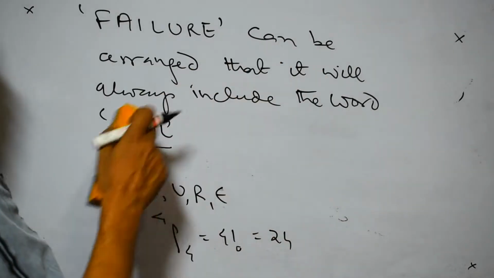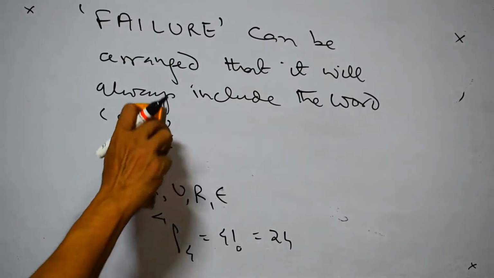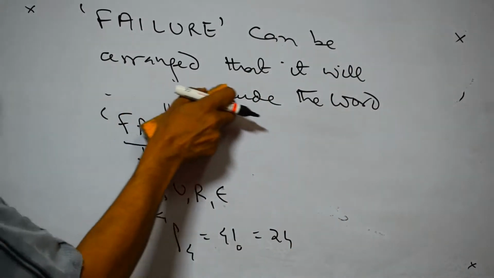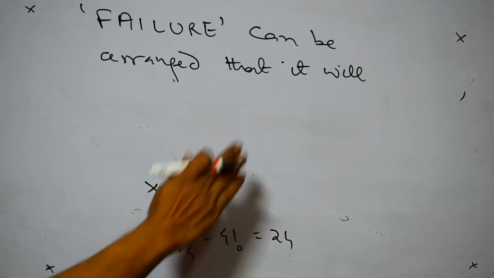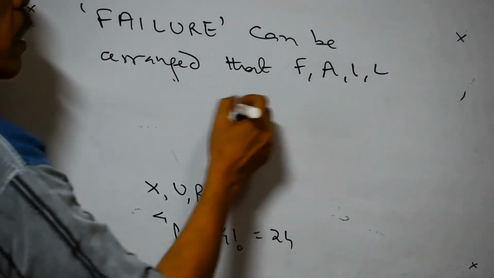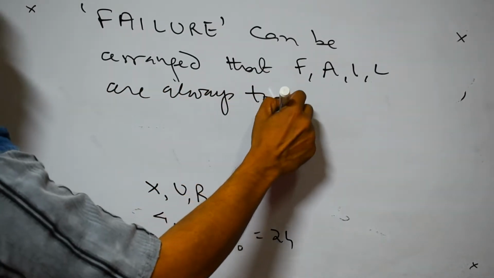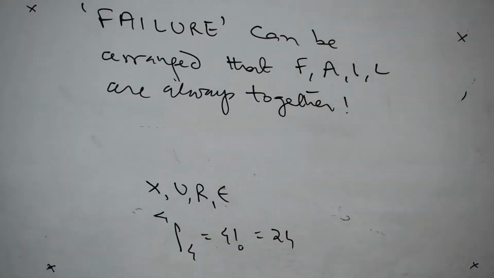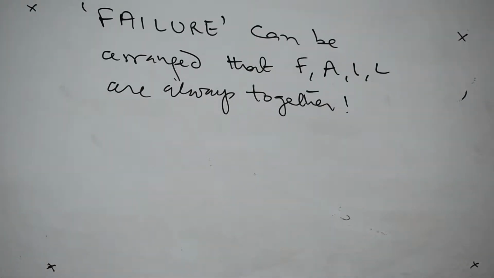But if I change the question, failure can be arranged so that if A, I, L are always together, that means in this case I am not saying that the word fail will be inside the arrangements, but the 4 letters F, A, I, L are always together.